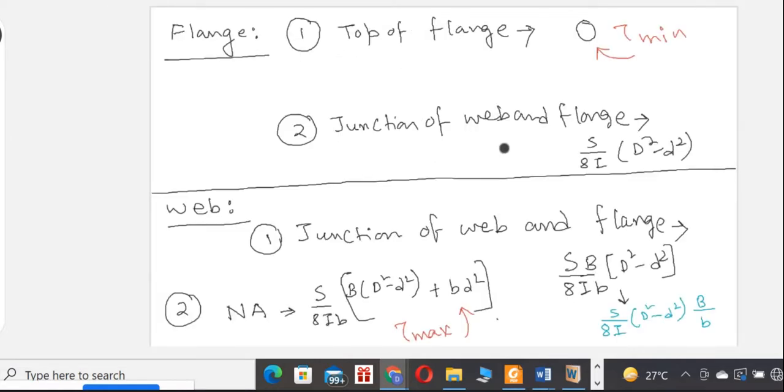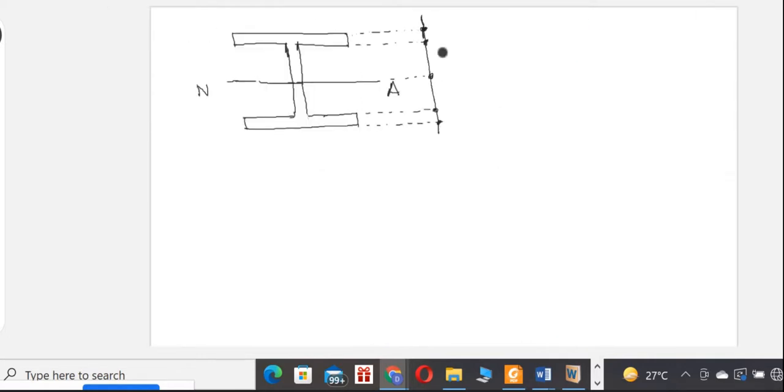At the junction of web and flange, from the flange some value is here, and then at the same line it will have a jump. Similarly, because it is symmetrical, here it is 0, here some value will be there and it will jump at the same point, that is the junction.